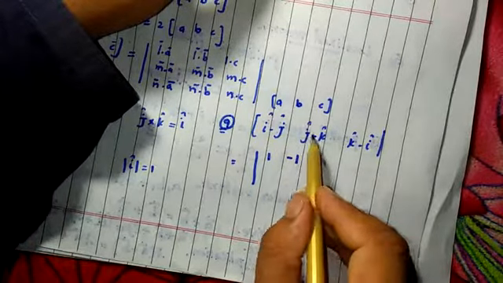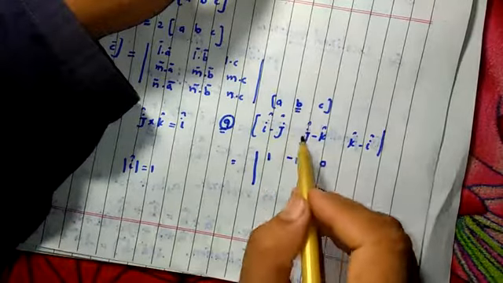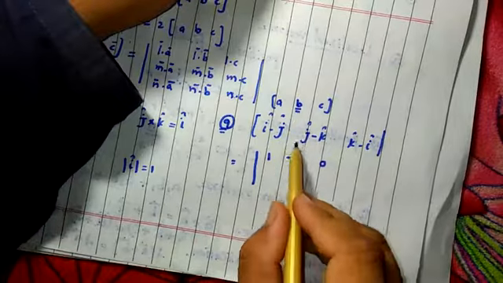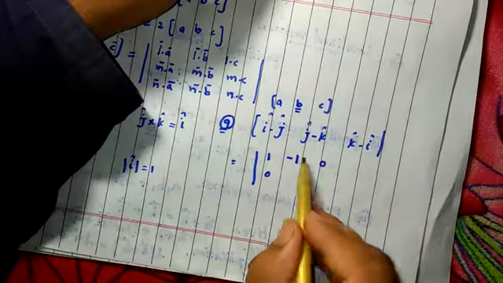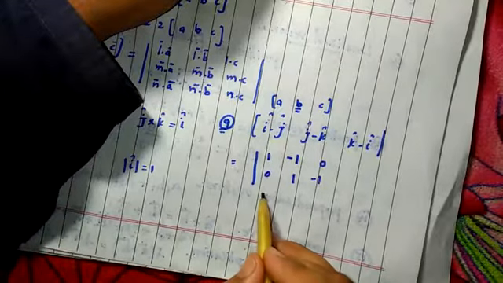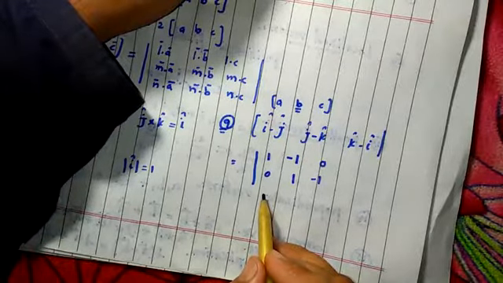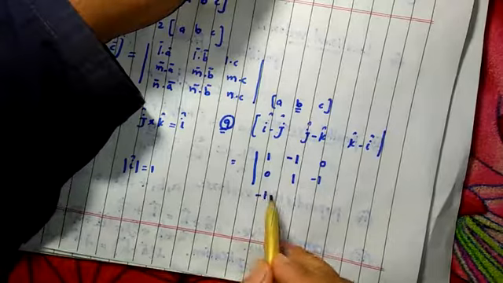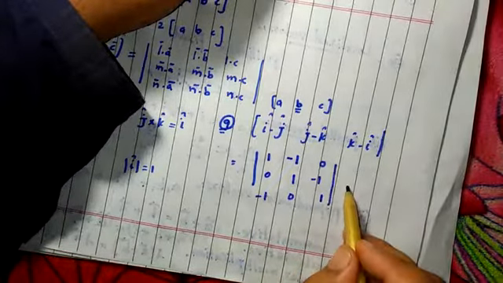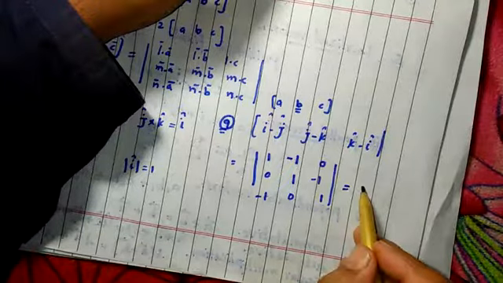Look at B, as we saw in the previous solution. So i unit vector 0, j 1, k is equal to -1, and for C, i is equal to -1, j is equal to 0 and k is equal to 1. So if we are going to solve this, this will be equal to 0.